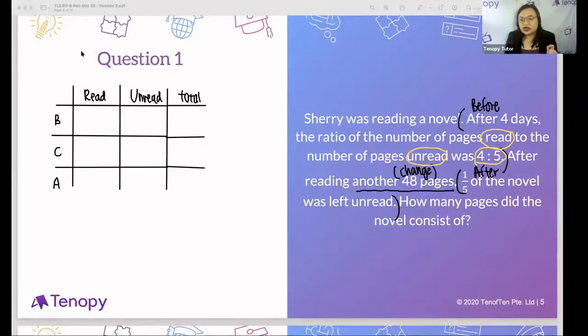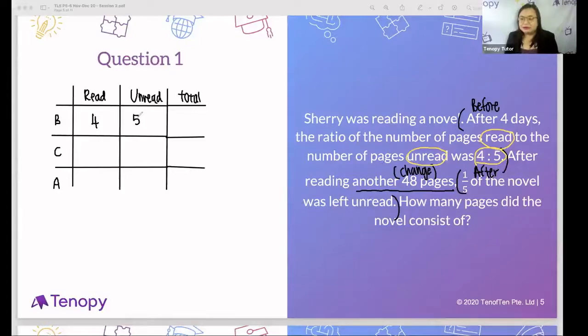Under my read, I should put as, they say read to the number of pages unread. So the keyword came first is read, then to unread. So the ratio follows the same way. First number applied for the first term. So read comes first. So read is 4, unread is 5.